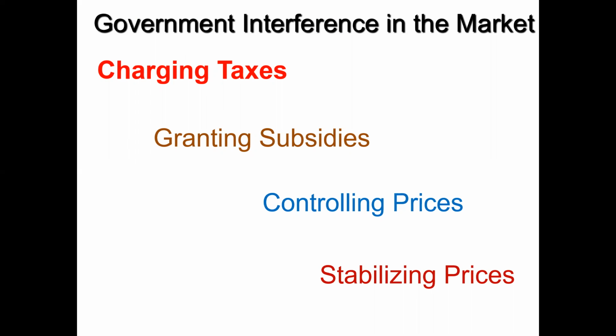Number 2, granting subsidies. Number 3, controlling prices. Number 4, stabilizing prices.